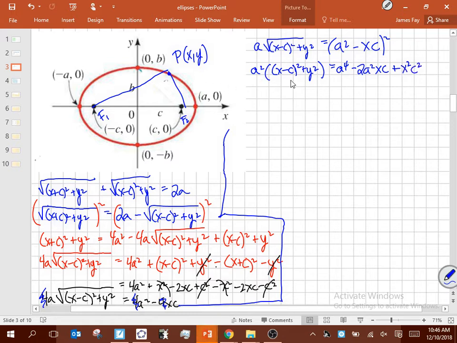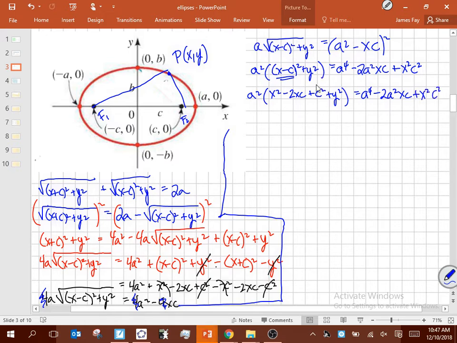Alright, it's kind of ugly. I should probably address this x minus c squared, so let's expand that: x squared minus 2xc plus c squared, plus my y squared is now equal to a to the 4th minus 2a squared xc plus x squared c squared.